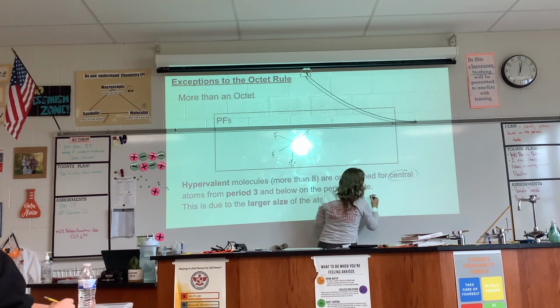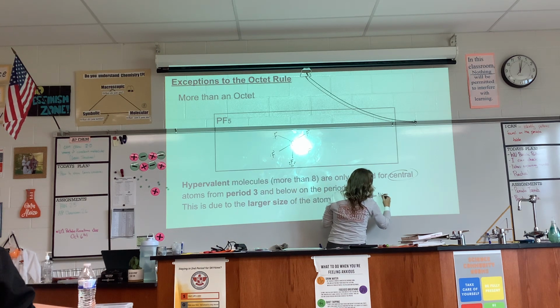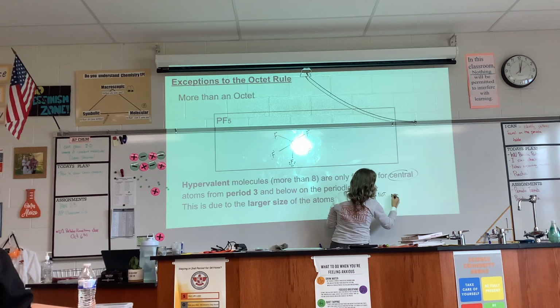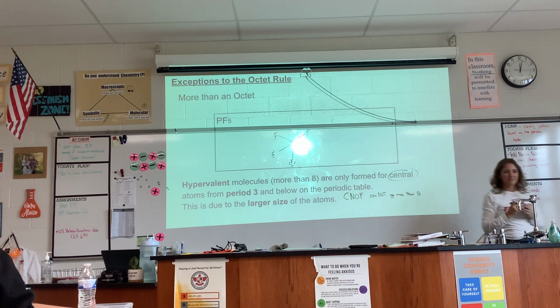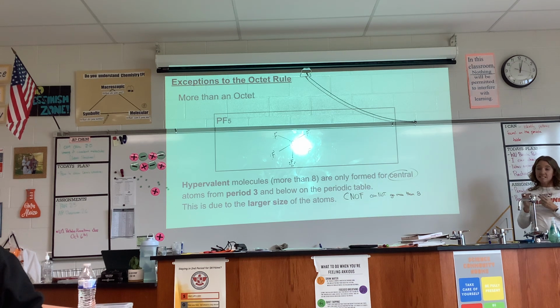So these cannot go hypervalent. This is why even some of the noble gases bond with things. Even though they have 8, they go hypervalent and have more than 8. But the small ones never do. Okay, questions on that exception?